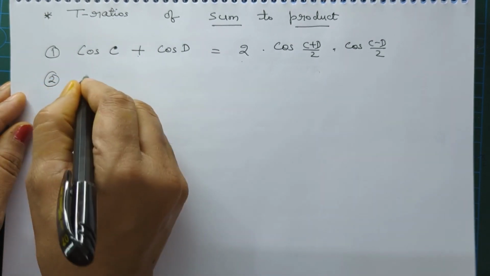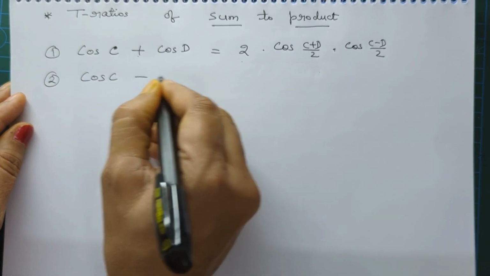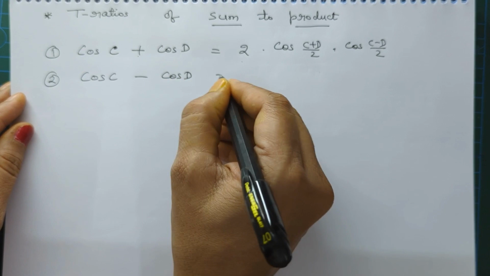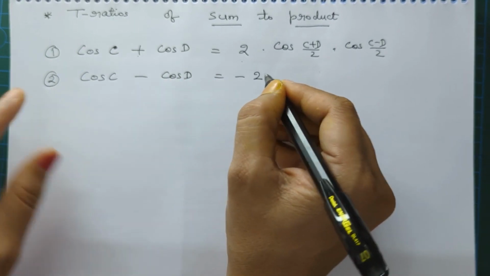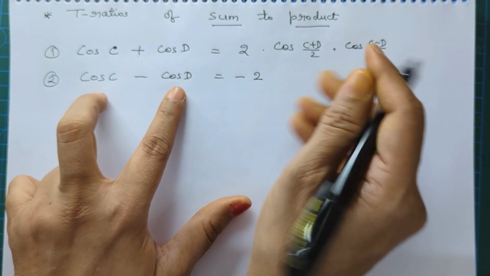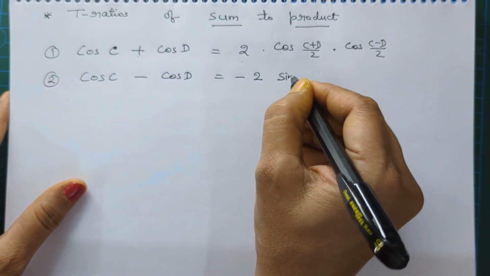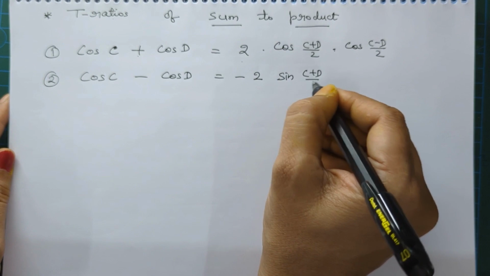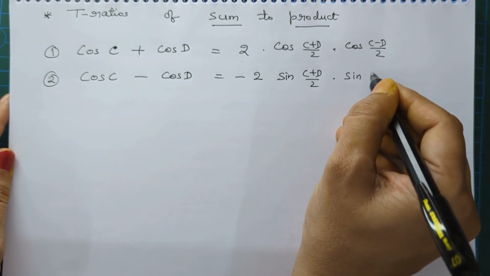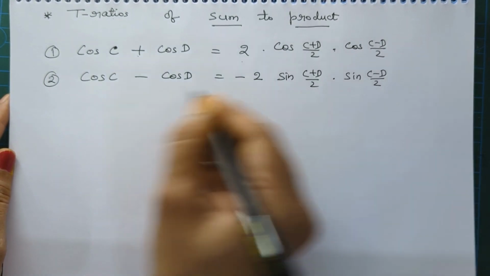Next one, cos C minus cos D is negative 2. If a negative is there and both are cos, here both sin will come with negative 2. So sin of (C plus D) by 2 times sin of (C minus D) by 2.